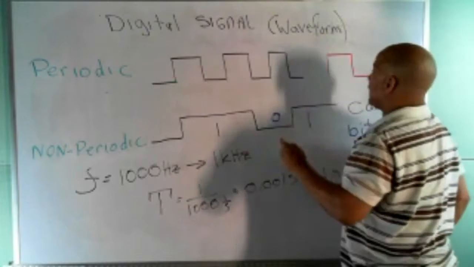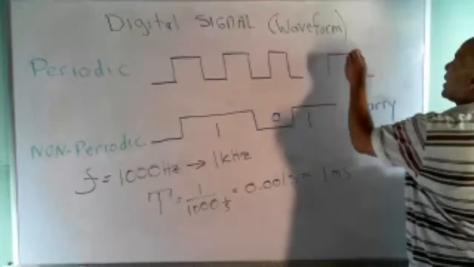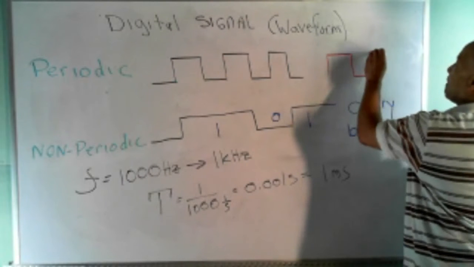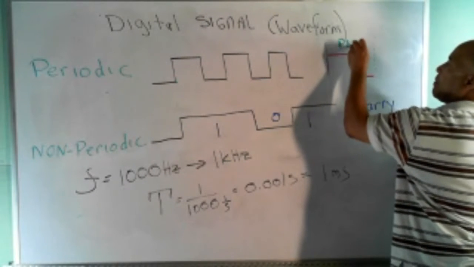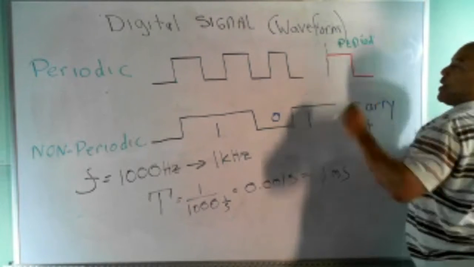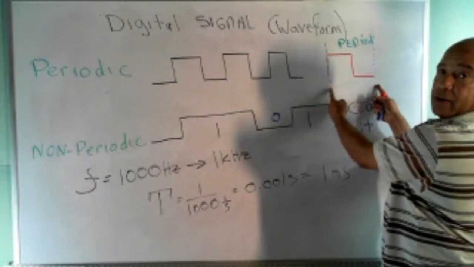So the width of that in time, from this point to that point, that's what we mean by period. The period means how long for one repetition.